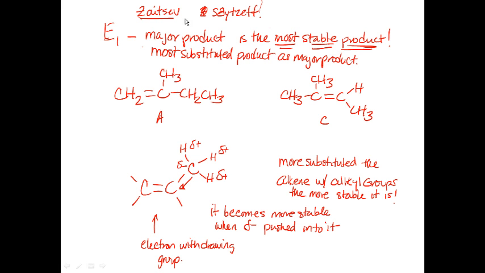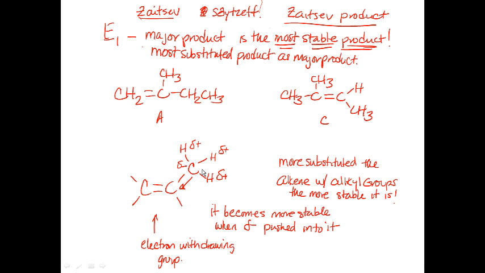And this became known as the Zaitsev product, or Zaitsev elimination. Later, we took his correlation that you got the most substituted product as the major product, and we then determined that the most substituted product was indeed the more stable product, and then proposed the explanation of that by the carbon pushing electron density in.